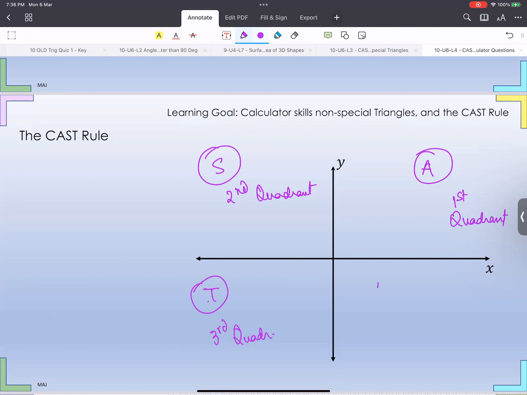And only cos is positive in the fourth quadrant. Okay, so we have the 4 quadrants. We have the CAST rule, and that just tells you whether sine, cos, and tan are positive or negative in each of those quadrants, okay?